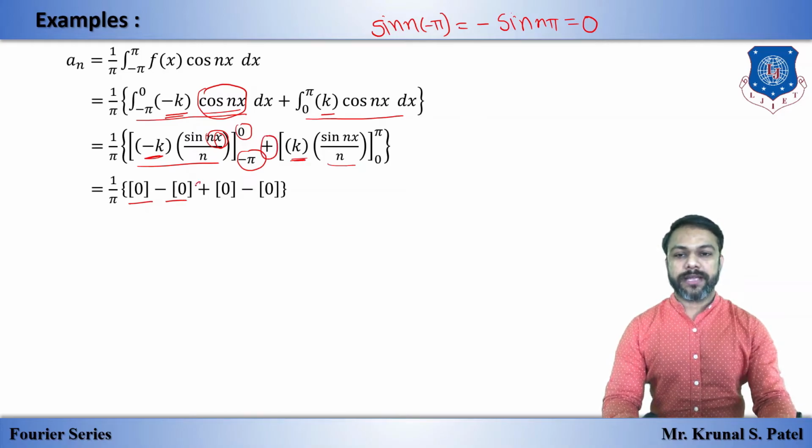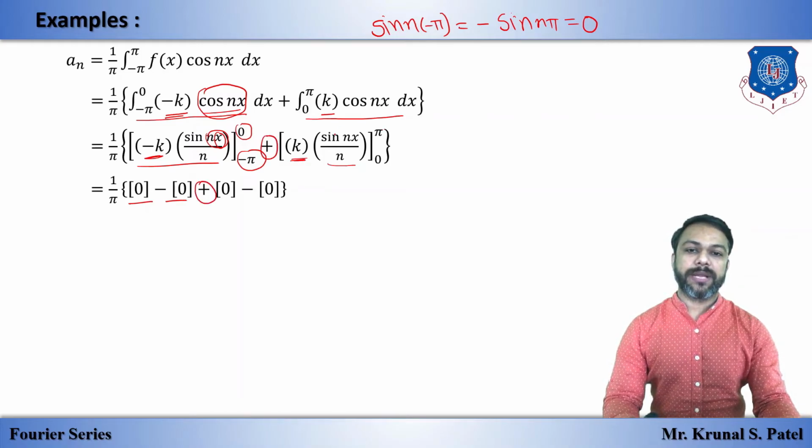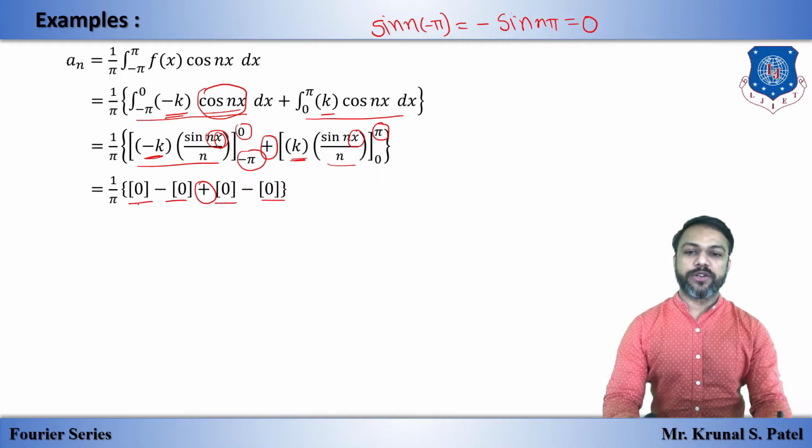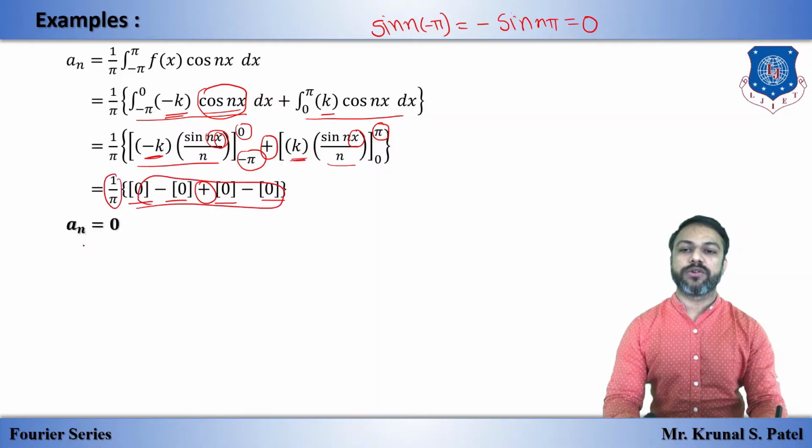This plus here, and again upper limit minus lower limit: we put pi in place of x, so sin n pi is 0, and sin 0 is 0. So 0 into 1 by pi is 0, so an is also 0.